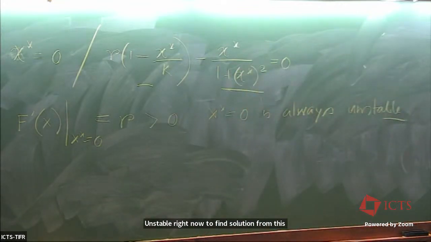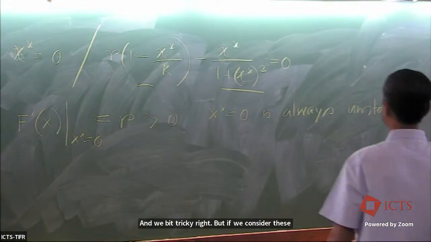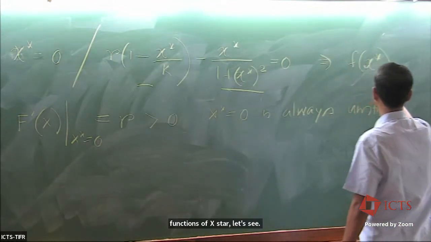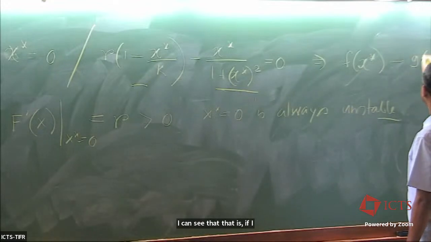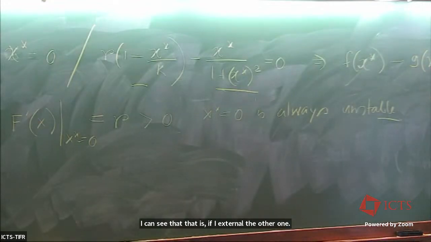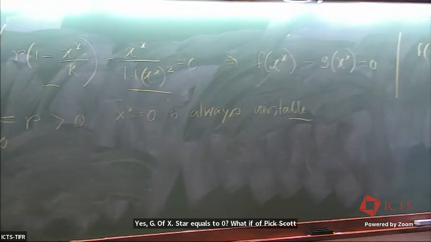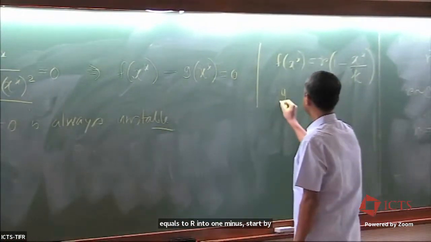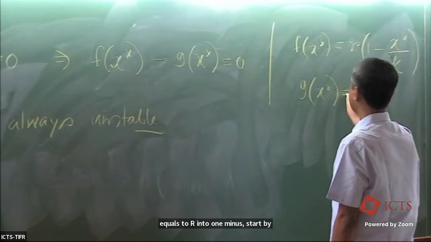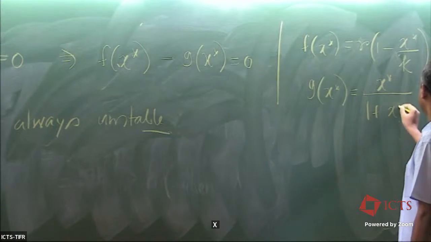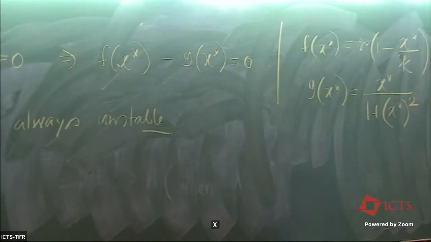Now to find solution from this equation can be a bit tricky, right? But if we consider these two as two functions of x star, let's say I consider that is f of x star, and the other one is g of x star, where f of x star equals to r into 1 minus x star by k, and g of x star equals to x star by 1 plus x star square.